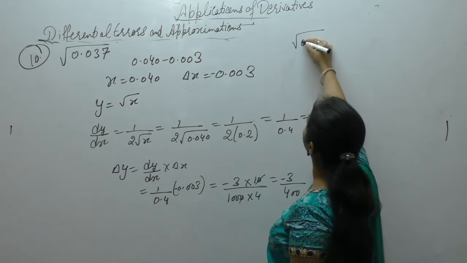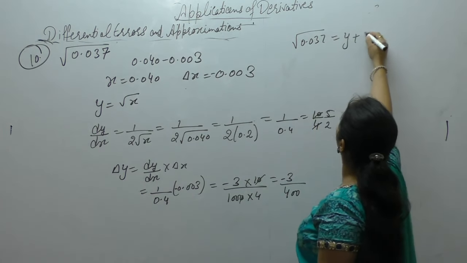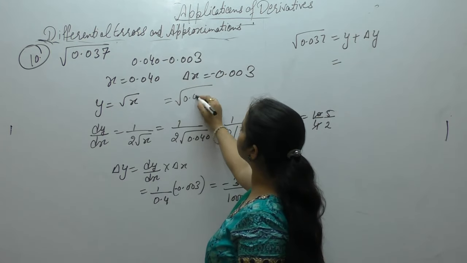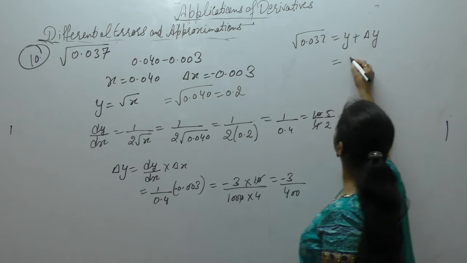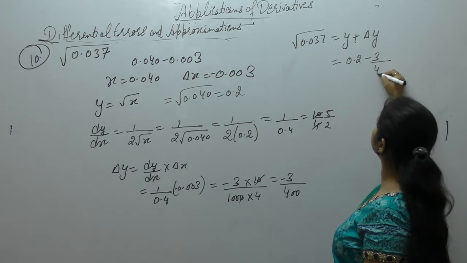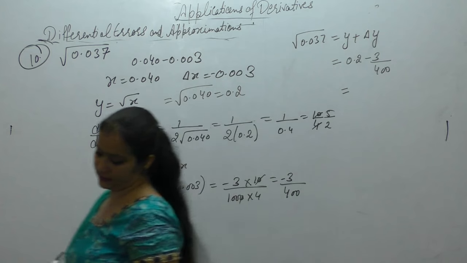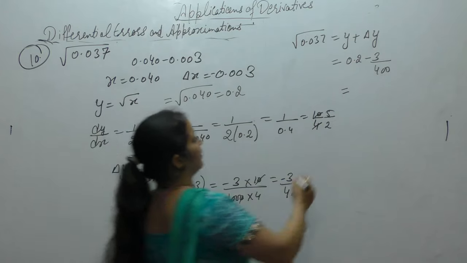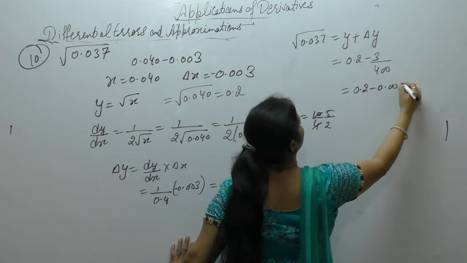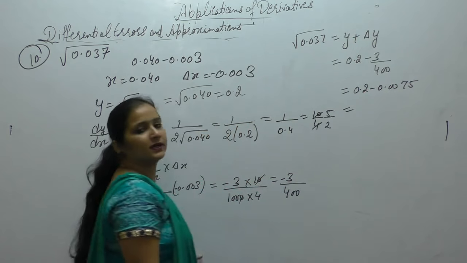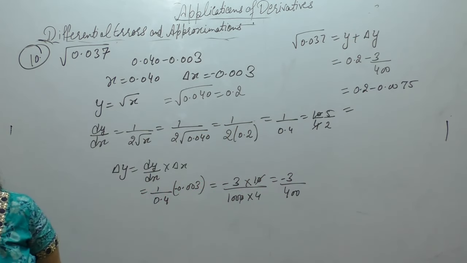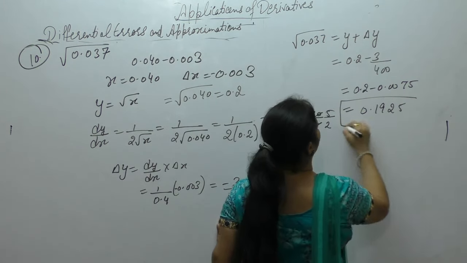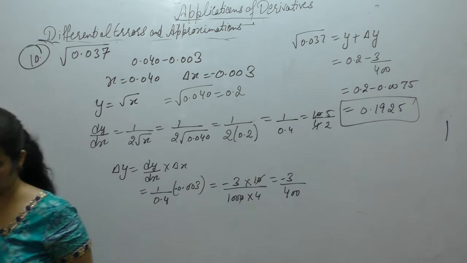Therefore, square root of 0.037 is y plus delta y. y is square root of 0.040, which is 0.2. So 0.2 minus 3 upon 400 is 0.2 minus 0.0075. Subtracting these terms, we get 0.1925. Note it down.